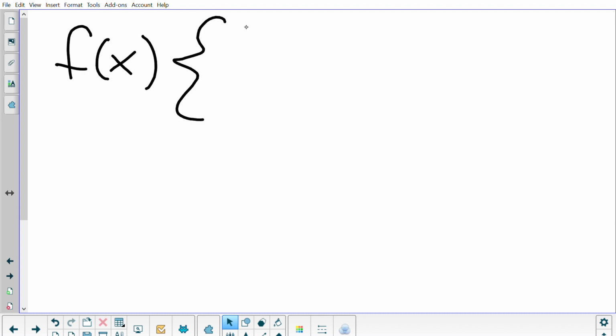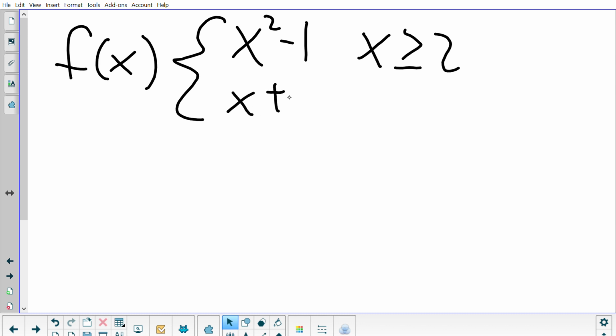Next is going to be piecewise. So piecewise means that they're going to give us two functions, x squared minus 1 for when x is greater than or equal to 2, and they might say x plus 3 when x is less than 2.